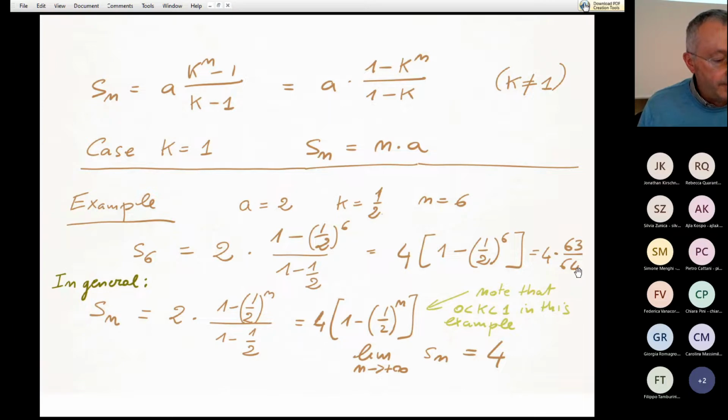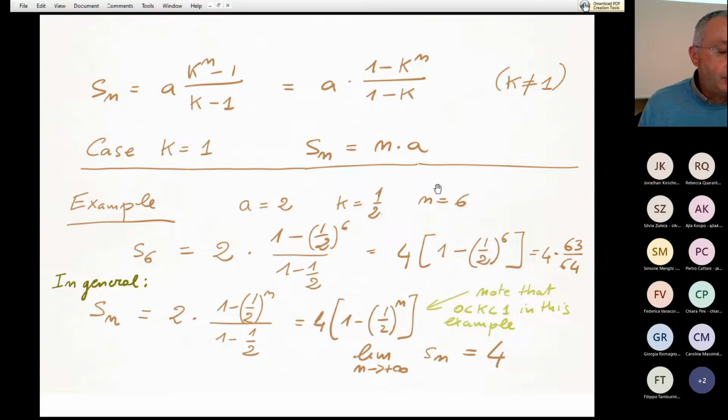It's almost 4. But the interesting property of this particular geometric sequence is that even if you take 20 terms or 400 terms, you get something which is smaller than 4. It gets closer and closer to 4, but it remains smaller than 4. Why is that?